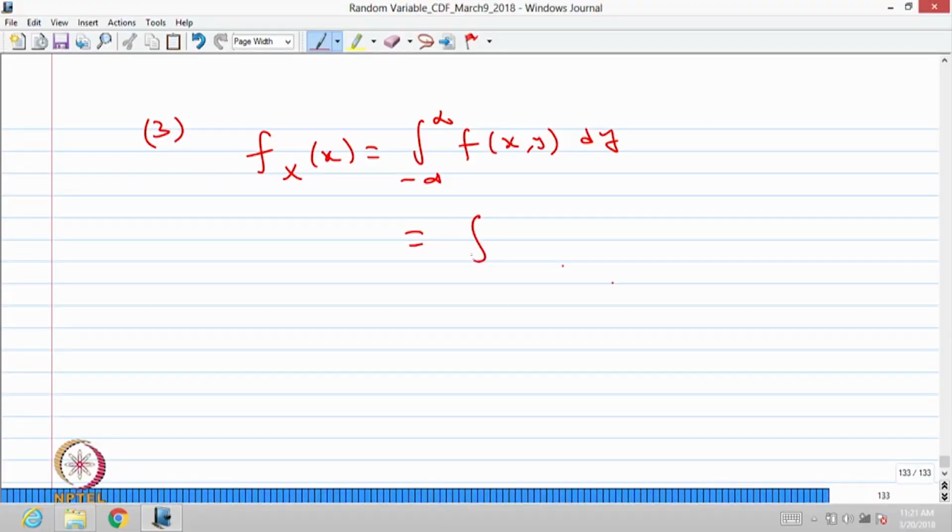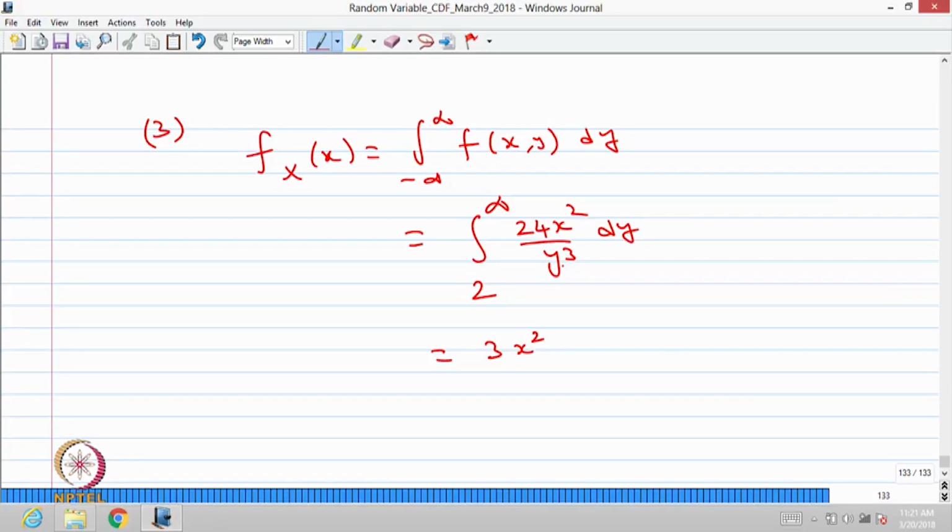Therefore, we integrate from 2 to infinity the joint probability density function 24x square by y cube with respect to y. If you do the little simplification, you get 3 times x square.